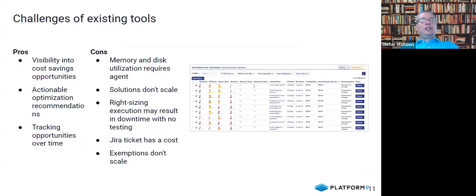Now, let's go and look into the pros and cons. What is really going on here? So we still see the user interface on the right. And the pros, of course, are that we have visibility into cost savings opportunities. That's undeniable. The optimization recommendations are actionable. I can differentiate. I have the most detailed visibility, and I can follow up with actions on those recommendations.